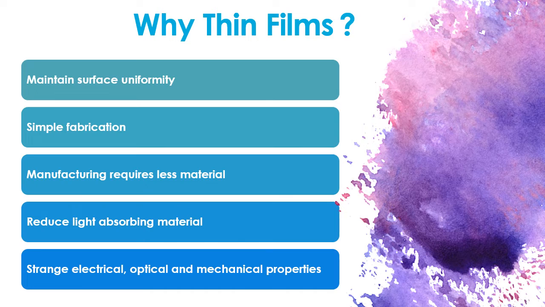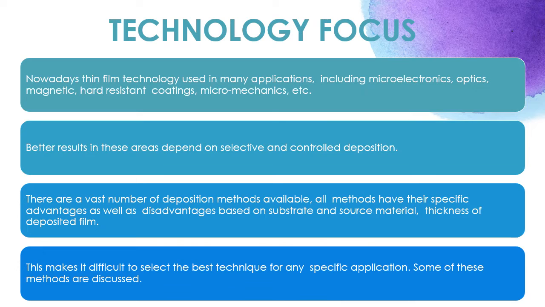It also reduces light absorption, and electrical, optical and mechanical properties can be improved via thin film deposition. Thin film deposition has been used in many applications, for example in microelectronics, optics, magnetics, resistant coating, micromechanics, and etc. So better results in this area depend on the selective and controlled deposition that we use.